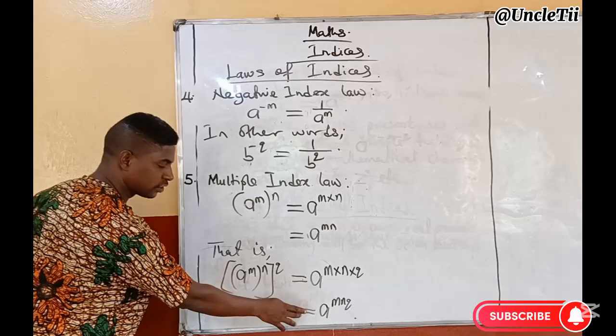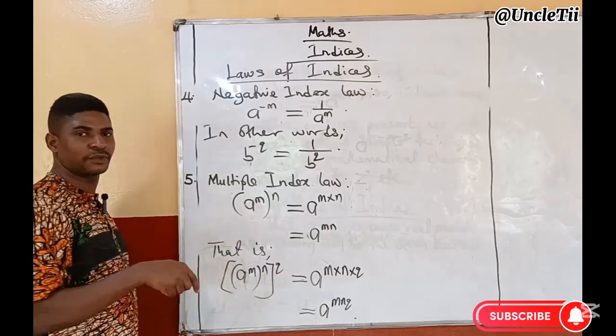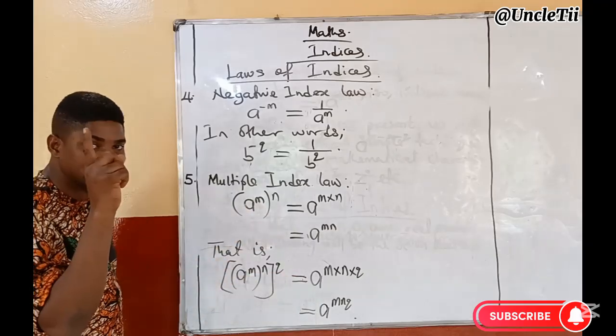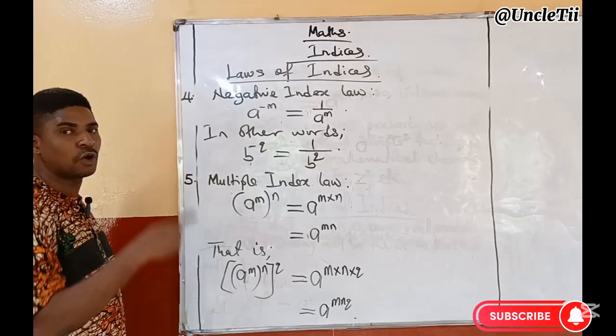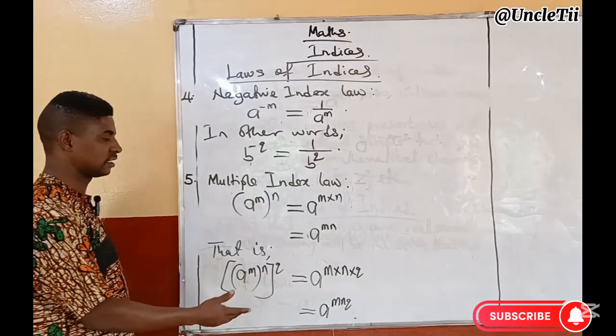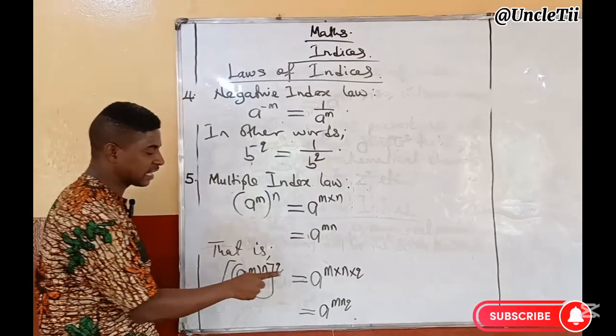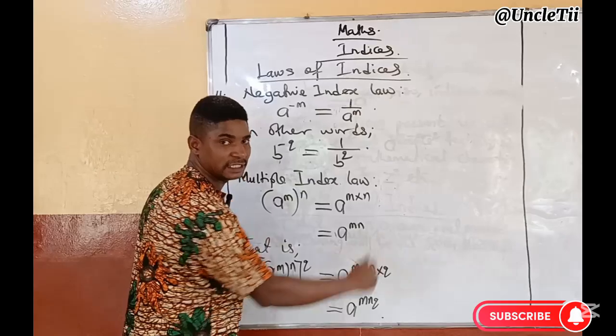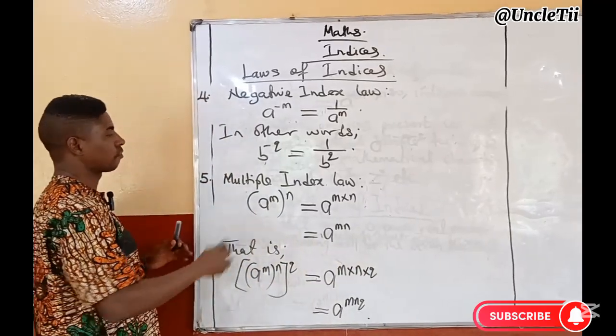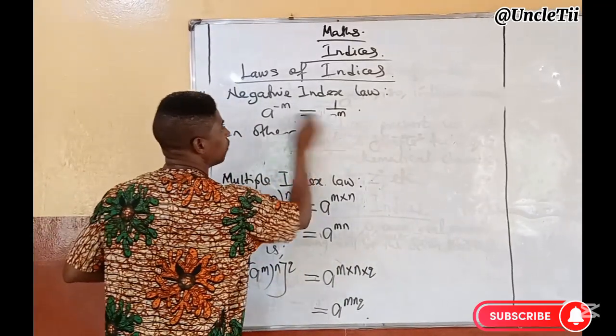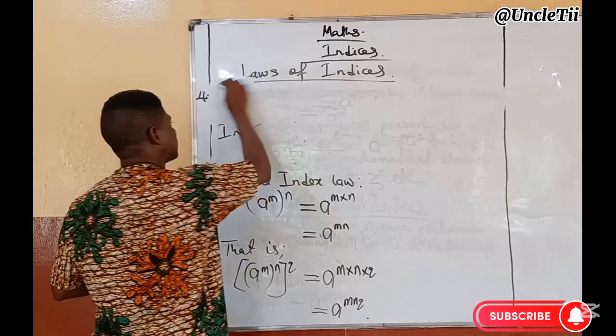This is the multiple index law. When you have two or more powers or indices, the final answer involves multiplying the powers. We are going to here move to law number 6.